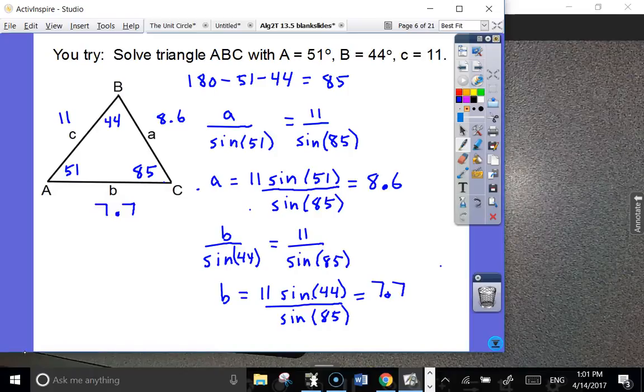So this was the angle side angle, and we found that. And then we were able to use that pair on the right-hand side, and I solved for A first. A over the sine of 51 equals 11 over the sine of 85. I got 8.6. Okay, and then I do the same thing for the B. B over the sine of 44. So the 2 answers right there.